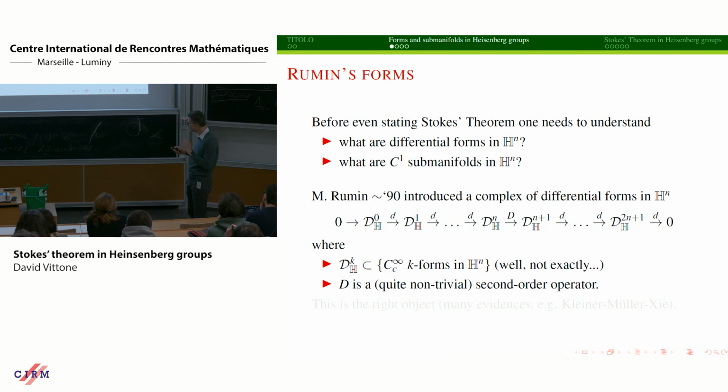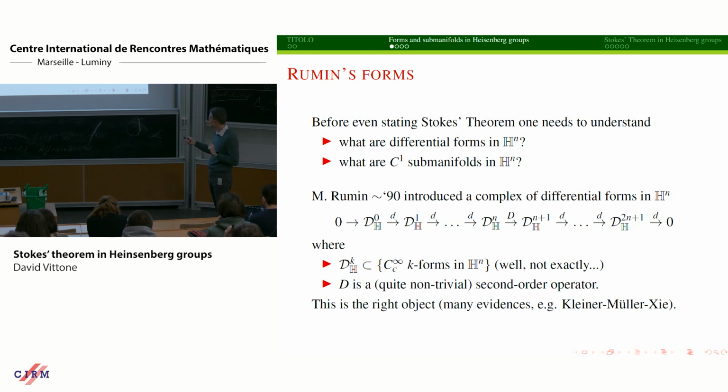Okay, it's pretty involved, but there are several pieces of evidence. For instance, recent papers by Kleiner, Müller, Xi. There are papers by Pierre Pansu, Franchi, and co-authors, and also in geometric measure theory there is evidence that this is the right object to consider. So there are Heisenberg forms in the Heisenberg group, as introduced by Rumin in the more general setting of complex geometry.